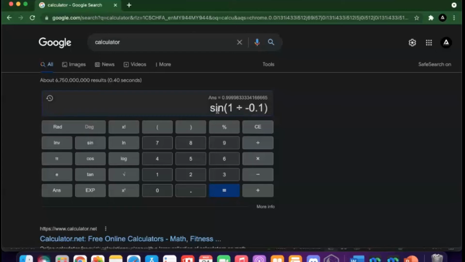The rest is the given function, sine of 1 over x. Okay, and x is negative 0.1. So in this case, the answer should be 0.5444 something.